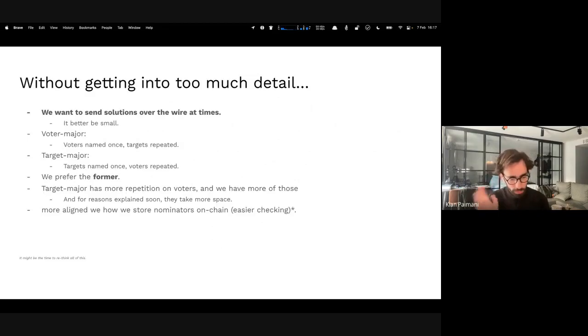It's a little bit detailed, but just accept it as a fact from me. And the other reason is that if it's target major, you're always repeating more nominators. Because if it's target major, you name each target once, and then the nominators are repeated multiple times, because each voter could vote for different targets, and nominators will take more space in this case.